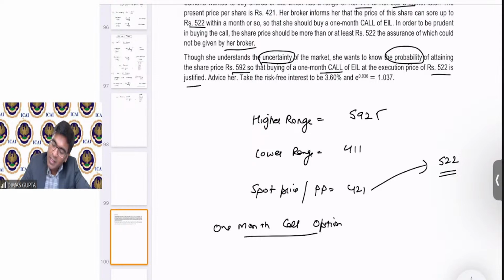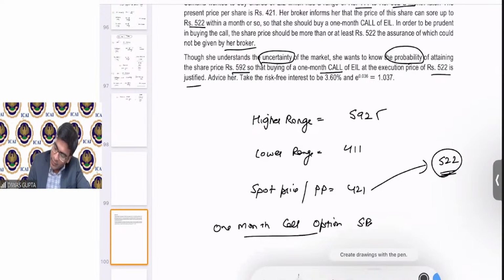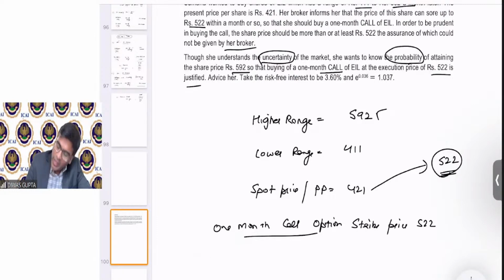So what they are saying is the strike price of that call will be 522. Hence, she is seeking our opinion on what will be the probability that the price will turn out as 592.